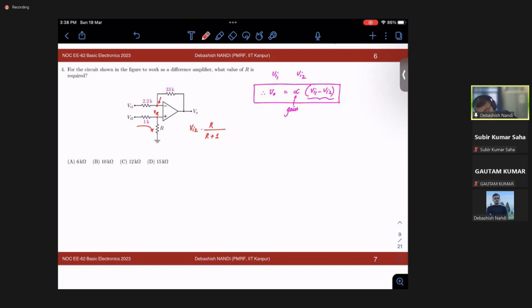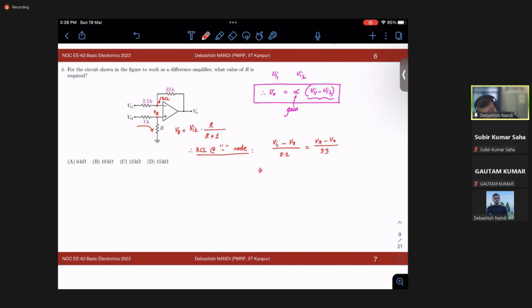So now if you apply KCL at this node, so this is your Vx. What will you find? Vi1 minus Vx over 2.2, right, is equal to Vx minus V0 over 33, right?